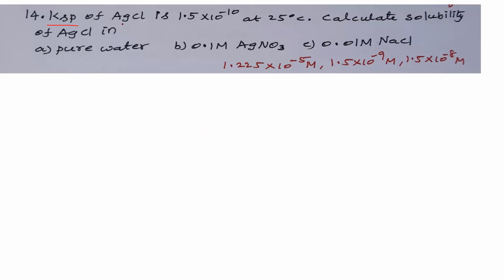The Ksp, solubility product of silver chloride, is 1.5 into 10 power minus 10. They are asking us to calculate the solubility of AgCl in pure water. Since solubility and solubility product are given, we have to keep in mind that we need to prepare a saturated solution.